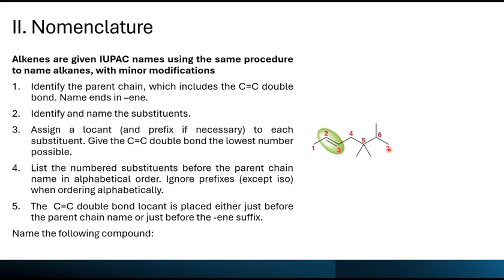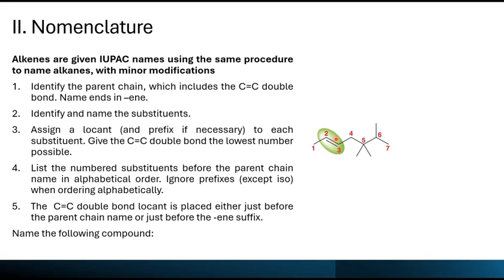We're going to say heptene. The 2, which is the smaller of the two numbers, 2 and 3, is the locant. So we're going to say 2-heptene or hept-2-ene, which tells us the double bond is between carbons 2 and 3. If we say 3, then it looks like the double bond is between carbons 3 and 4. So we're going to use 2.